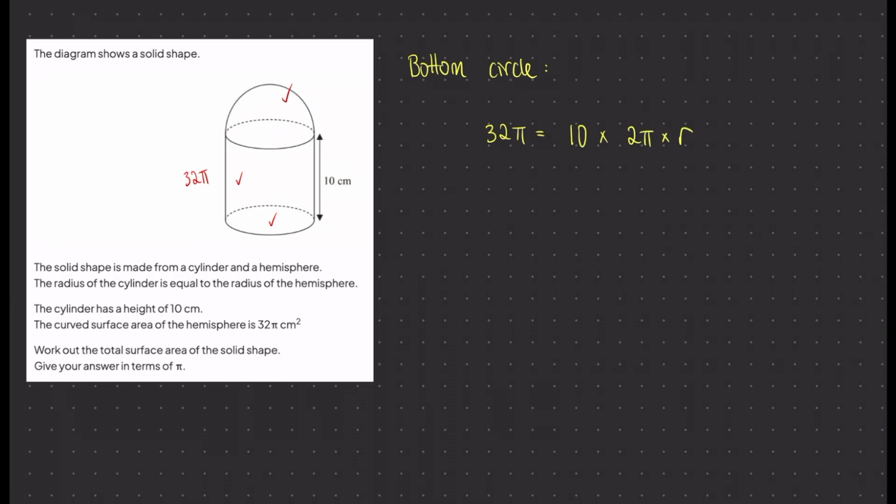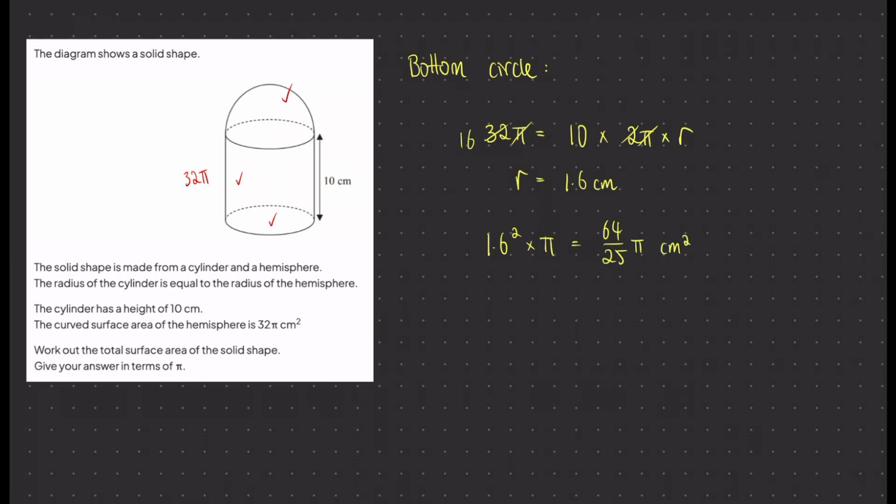Now we have an equation with r in it, and we can solve this equation to find that r is 1.6 centimeters. Now we have that, we can work out the area. 1.6 squared times by pi will be 64 over 25 pi centimeters squared.